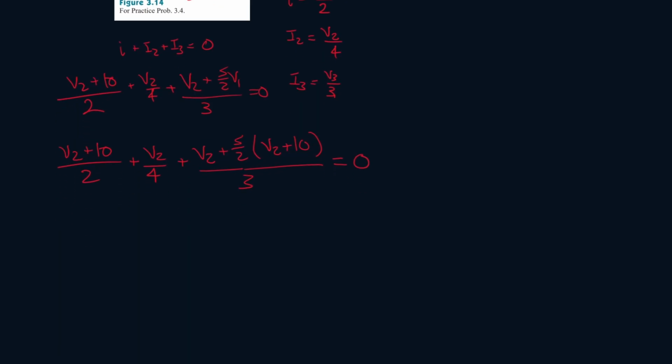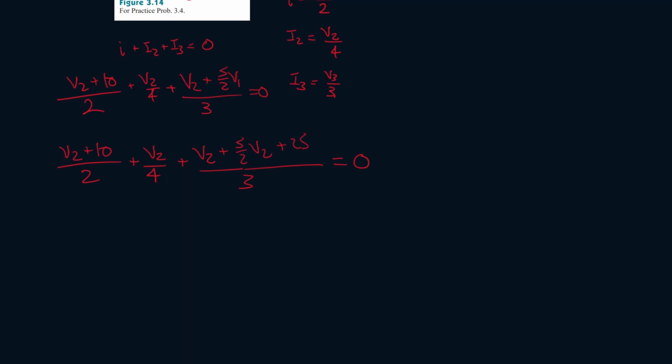Okay, and now let's simplify this portion. So let's distribute the 5 over 2 into everything. So it'll be 5 over 2 V2 plus 50 over 2, which is 25.